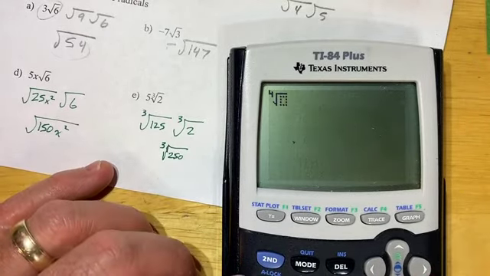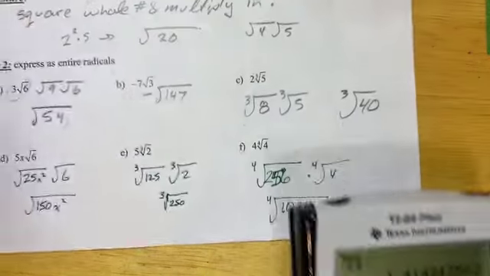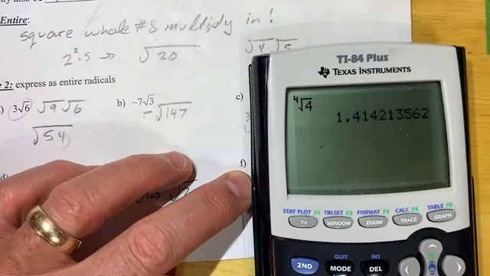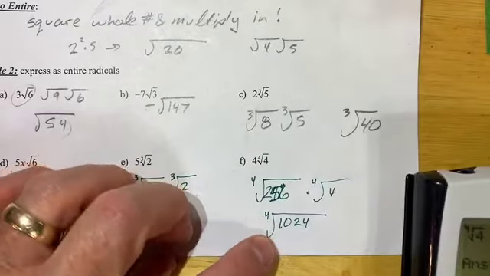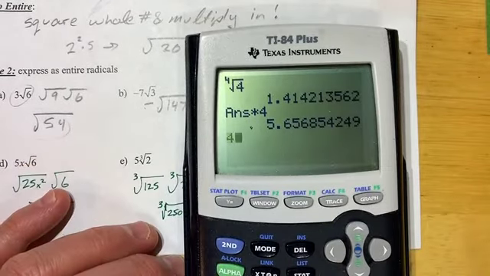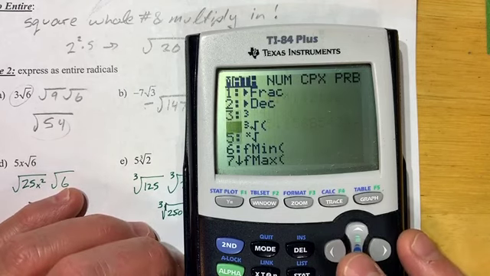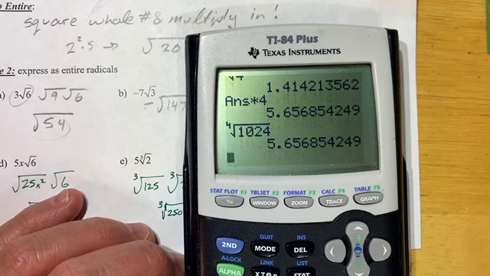So it's the 4th root of 4, times 4. Multiply that by 4. So I get 5.65685, blah, blah, blah. Okay, is that the same as the 4th root of 1024? Let's try it. 4, and then math 5. 4th root of 1024. It's the exact same number.